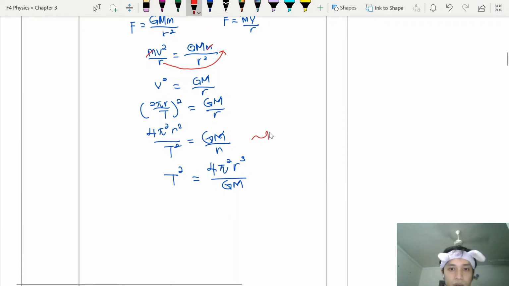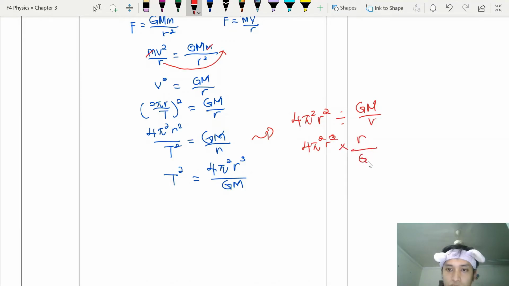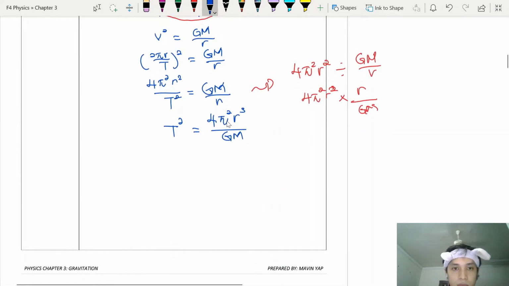To those who are not really sure what is happening right here, dividing GM over r, this one will become multiply, so r over GM. So this whole thing multiplies up, that's why you get T squared equals 4 pi squared r cubed over GM. And then if I want to calculate my orbital period T, I need to square root the whole thing. But that is it.